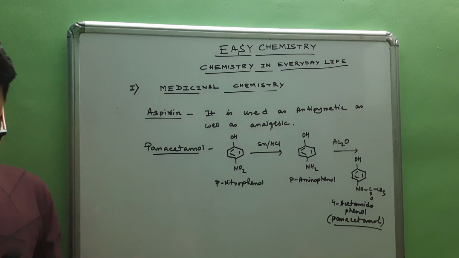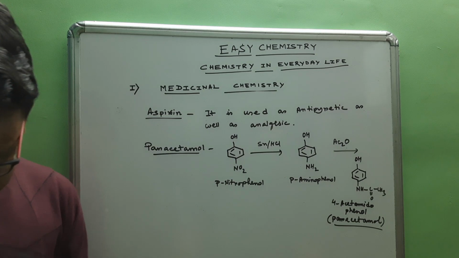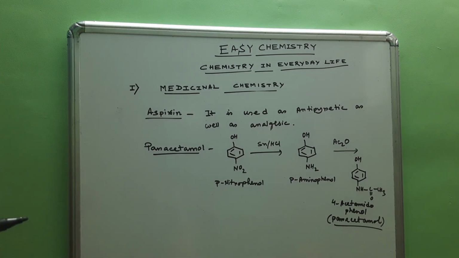But today medicinal chemistry has evolved at a much higher rate. Some new types of compounds are also used in present medicinal chemistry and industries. So what is the difference between antiseptic and disinfectant?